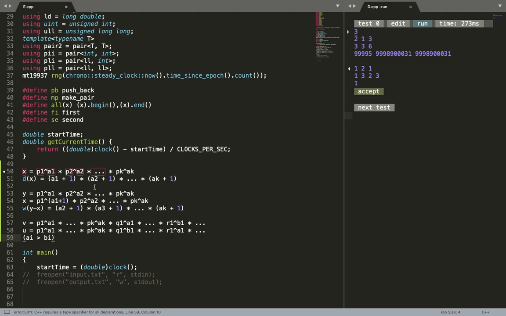Because the costs are bigger when we have bigger powers, so we want our powers to stay low. So we want first to decrease, then to increase.